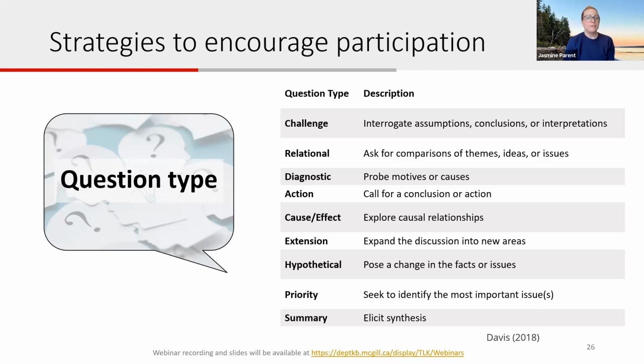So the first one, and an important consideration, is the prompt or question type that you use. While the general guideline, the obvious one, is to make sure that your question is open-ended, it's worth exploring different types of open-ended questions based on the activity that you're doing, the goal, and the desired outcome of having that discussion board open.